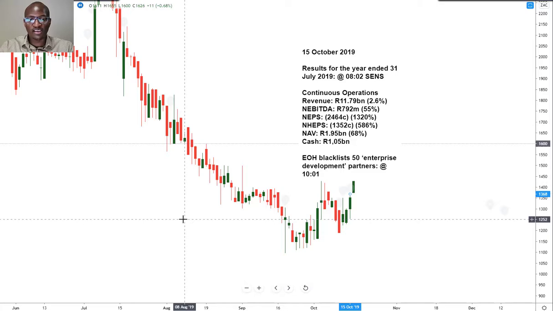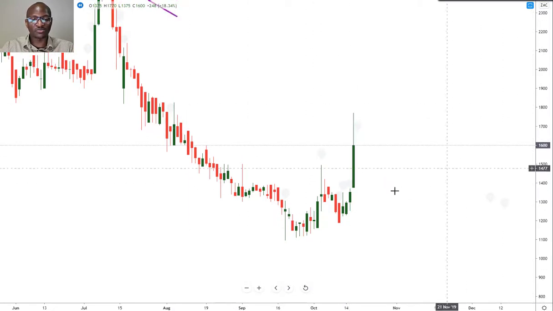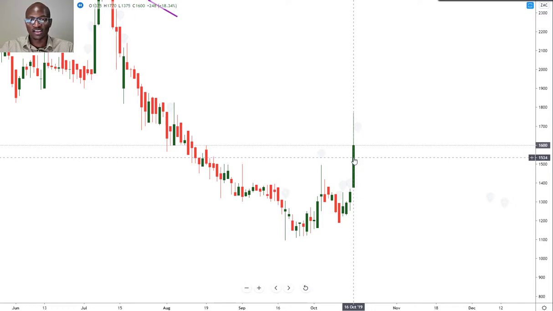15th of October, year-end results, just confirming everything is basically down. All the key metrics are down and down big time. And later on that day, another article, EOH blacklists 50 enterprise development partners. So again, it's just bad news, but the following day, the market rallies almost 20%.